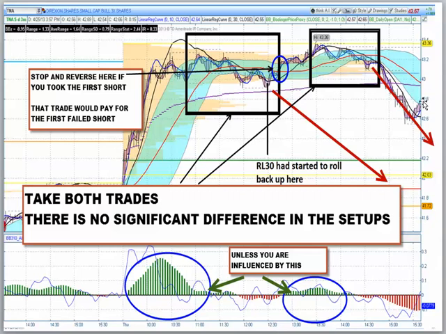This is longer term, that'll be seen as a buy on dip. But the main point is you got to take both trades, or in this case all three trades: the first short, the stop and reverse long, and then eventually this short side trade over here.